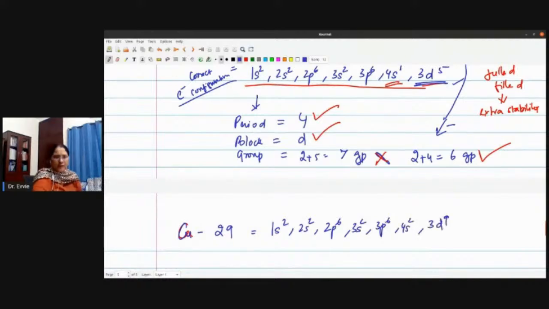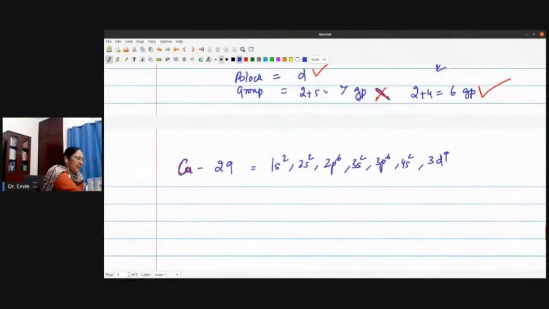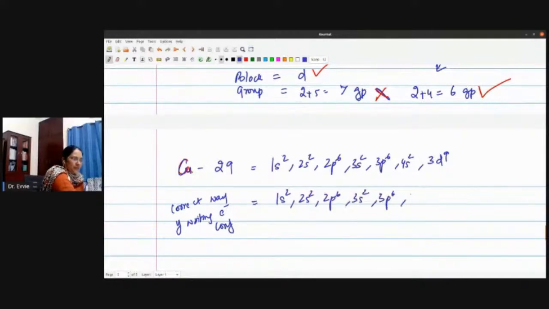This is how we usually write, but this is not the correct way of writing electronic configuration, as many of you would have studied, okay? So 1s2, 2s2, 2p6, 3s2, 3p6, 4s1, 3d10, because fully filled and half filled will give more stability. So this electron will jump here, so it will become 4s1, 3d10.